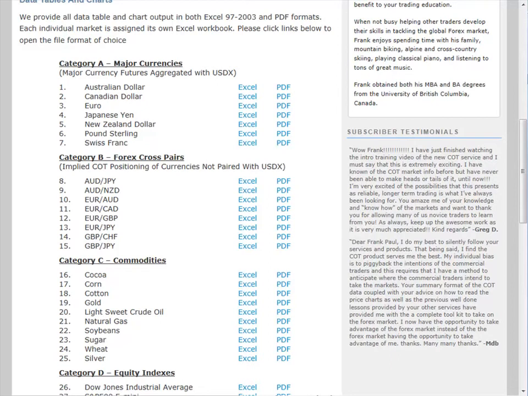It's the relative bearishness or bullishness of both currencies that make up the forex pair that you have to pay attention to, because sometimes they cancel each other out. It's not enough to say, oh, commercial traders are at an extreme bullish stance on the Australian dollar. If that's offset by the US dollar, then there's nothing much to get excited about. So there we have it, 7 currencies in Category A.